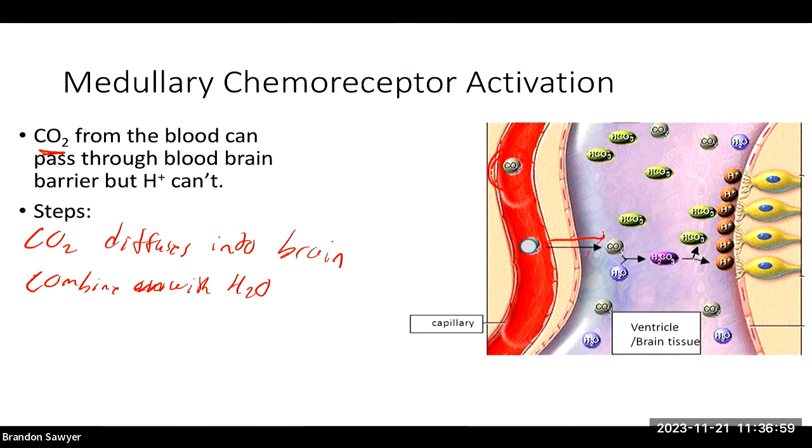Drive that same reaction we saw before, and then it's going to eventually create hydrogen ion and bicarb. And then it's actually the hydrogen ion that binds to chemoreceptors.